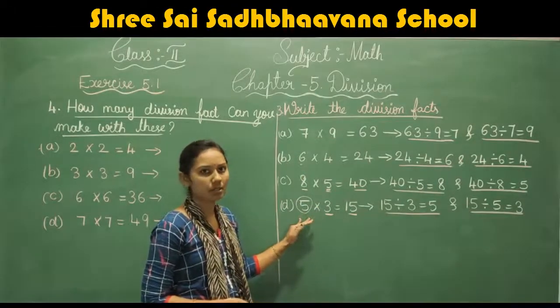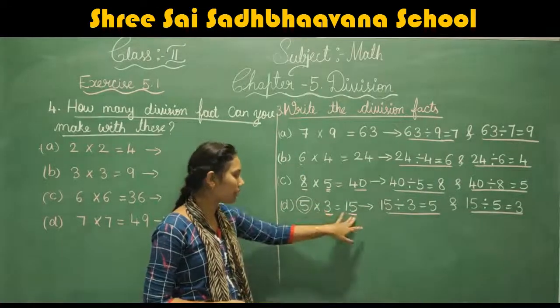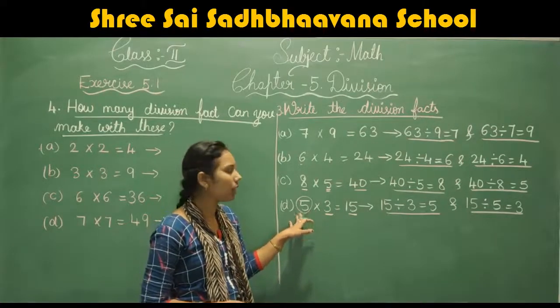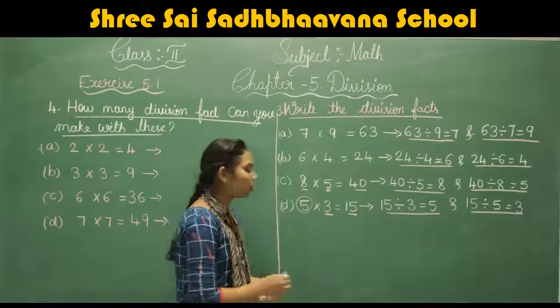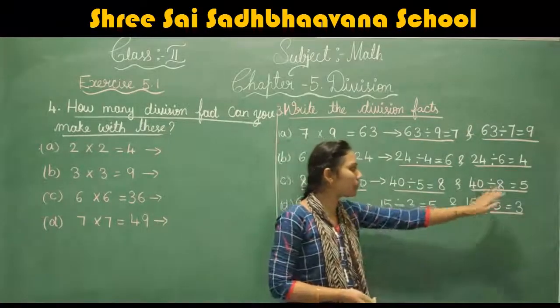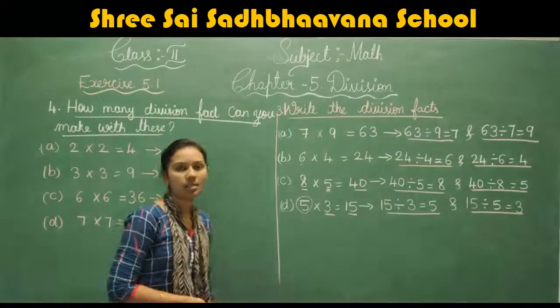This will be your quotient. But when you divide this 15 by the number 5, you will get the quotient 3. Got it? This will be your division fact.